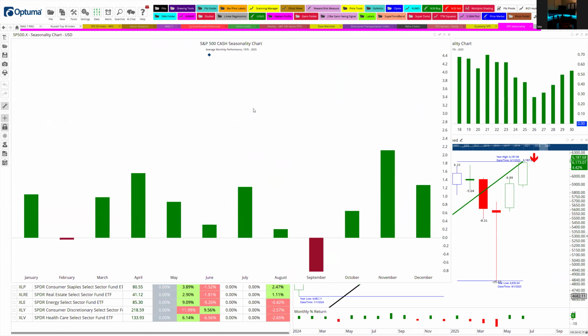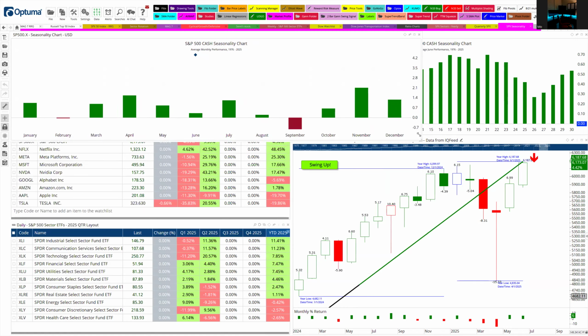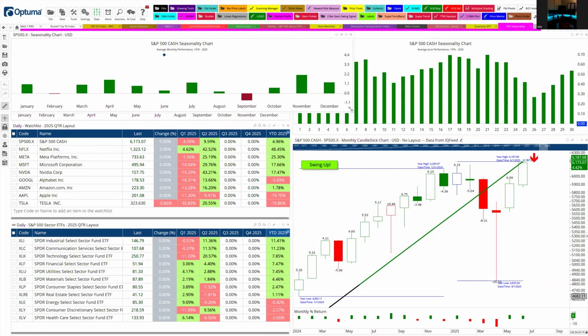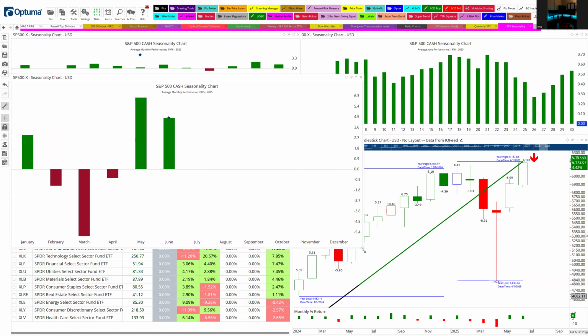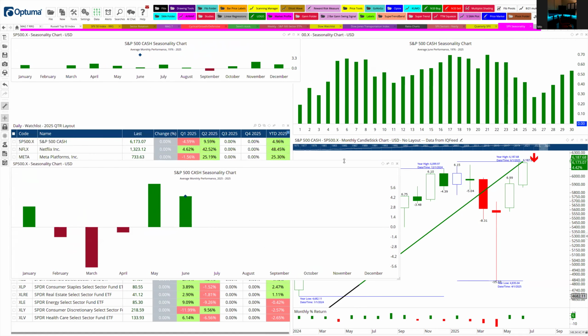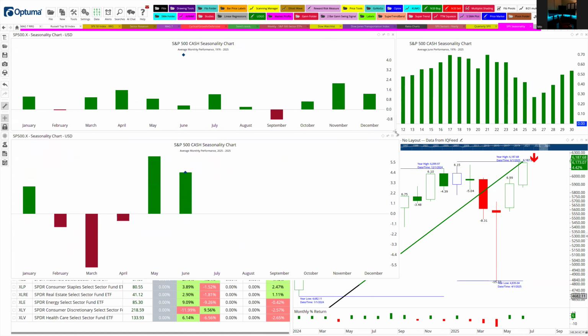September since 1976 is the worst month of the year. Keep that in mind. We're here. Look at July. Now we're going to have to compare how the actual seasonality is playing out and just do it that way.